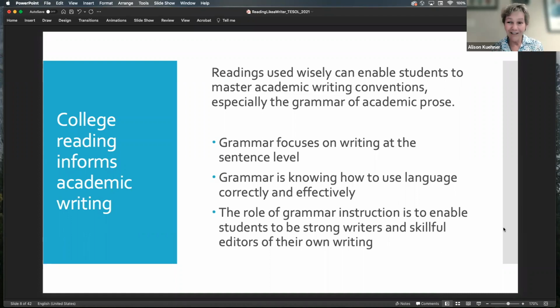And what we want students to master is using the language effectively, using it correctly, so that they can communicate their ideas clearly to their audience. So really, grammar and the teaching of grammar should make students more effective writers, and maybe also help them to edit their own writing. So those are the basic principles of why I feel we should be emphasizing grammar for our students to make them stronger writers.